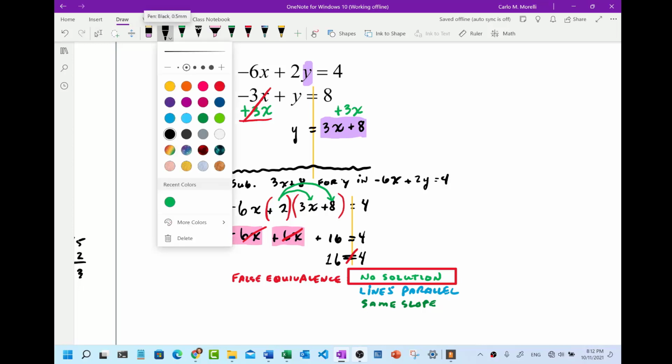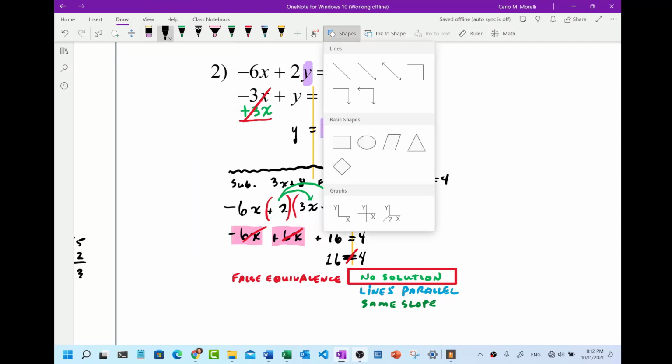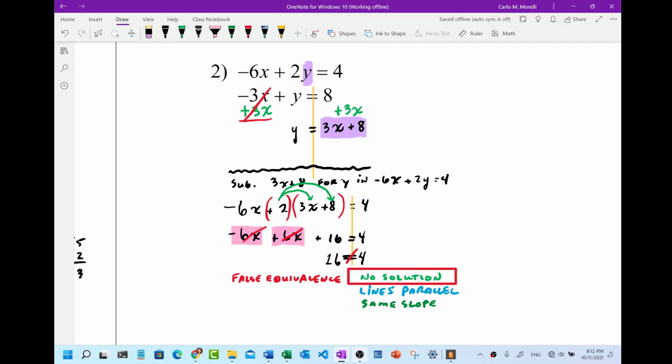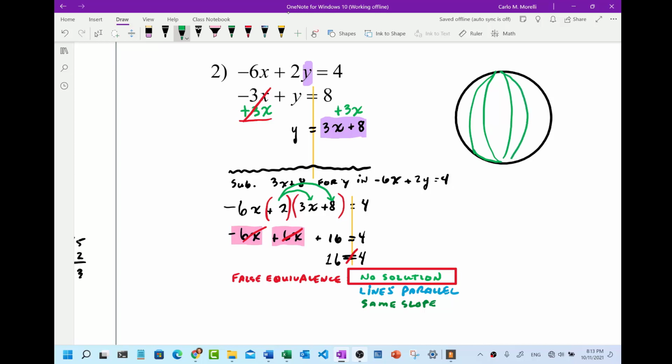A very good example of when two lines with the same slope do cross is the globe, lines of longitude. If I can draw a circle here, lines of longitude do something like this, right? You see this on a globe. They all start at the North Pole and they terminate at the South Pole.